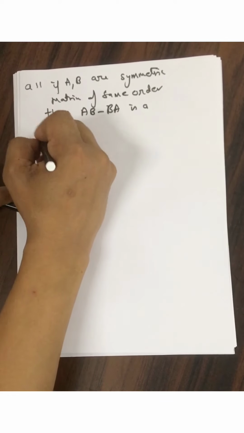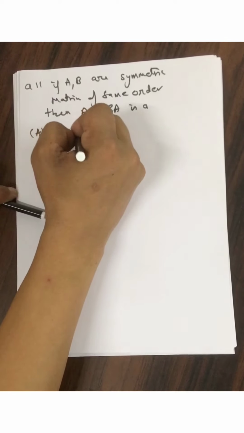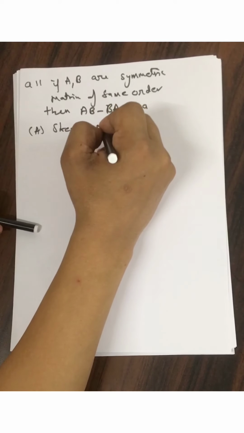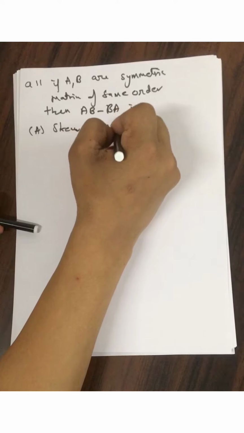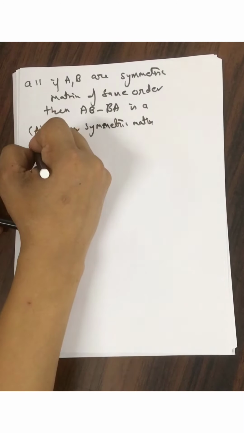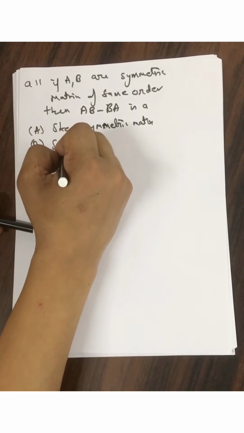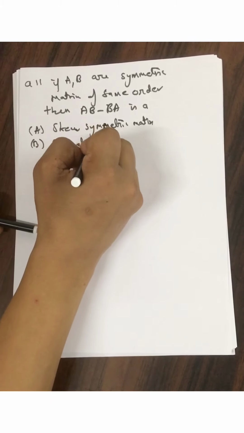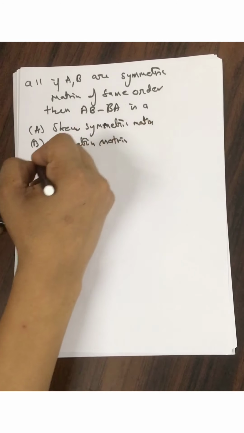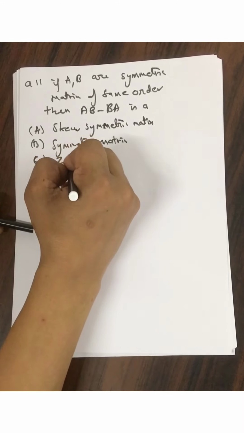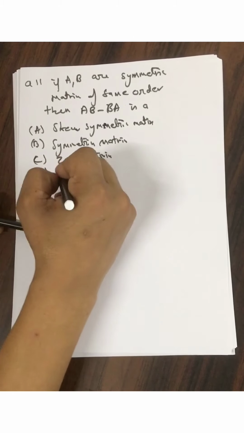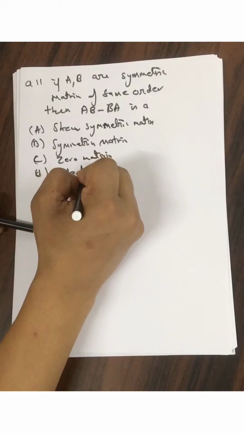They have given 4 options: A, skew symmetric matrix; B, symmetric matrix; C, zero matrix; and D, identity matrix.